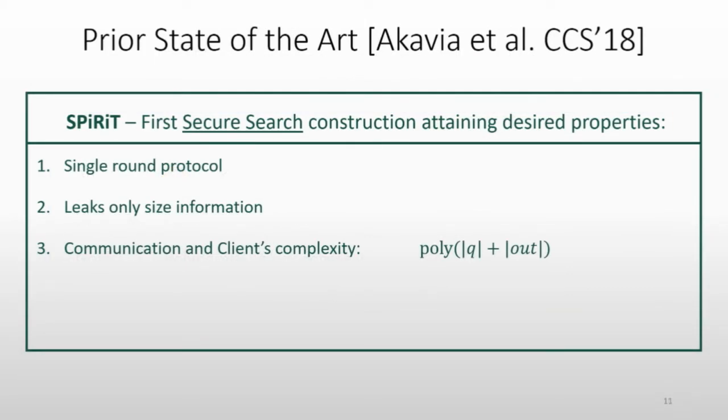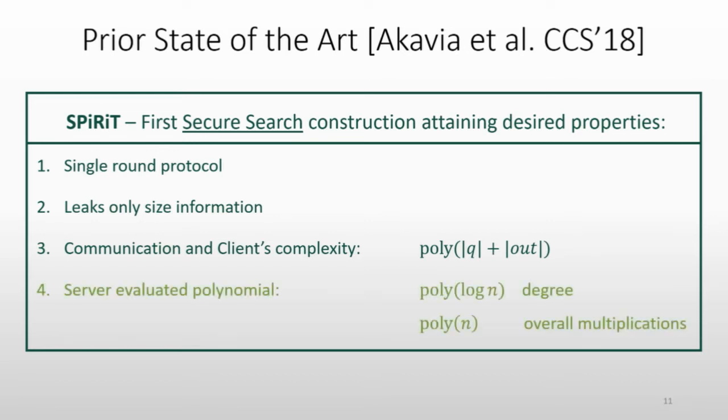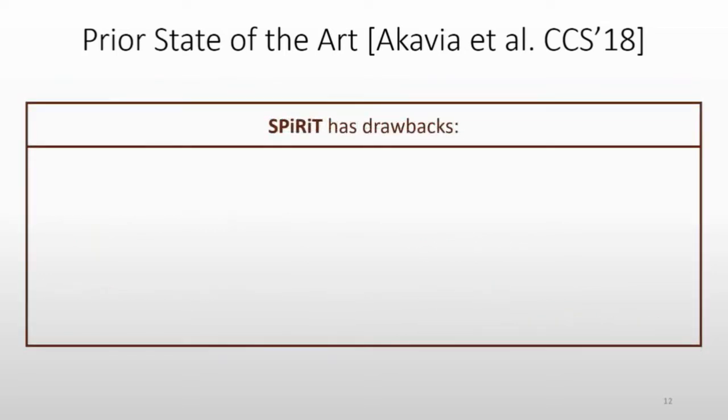The prior state-of-the-art solution, which presented the first secure search construction that attained all the desired properties that we mentioned, was Spirit by Akavia et al. from last year. There the server's polynomial degree was polylogarithmic in the size of the array, and the overall multiplications were polynomial in the size of the array.